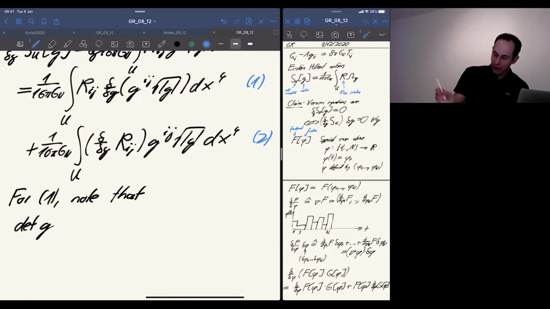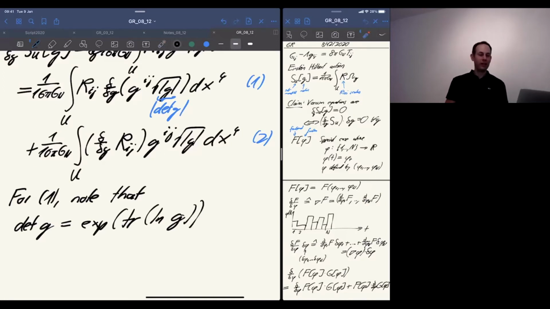So this is just an abbreviation for the absolute value of the determinant of G. The determinant of G can be written as an exponential of the trace of the logarithm of G. Okay. Do you know this expression? Okay, that's maybe something I could briefly show in case there is a desire that I show that. You may have seen that in linear algebra. So who wants me to briefly show why this is the case? You can maybe press yes.